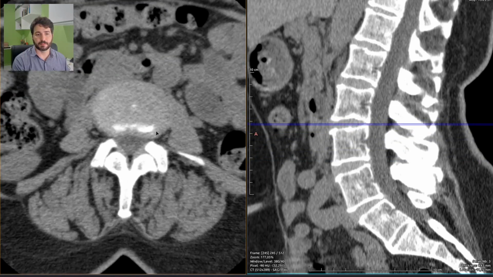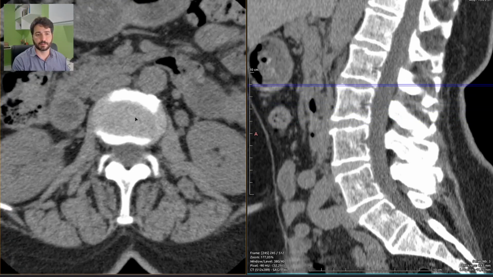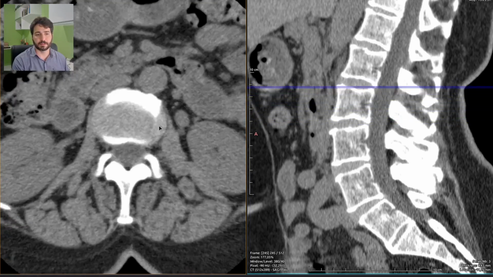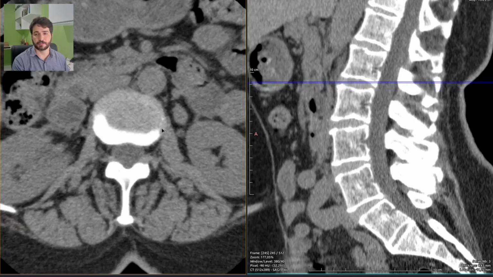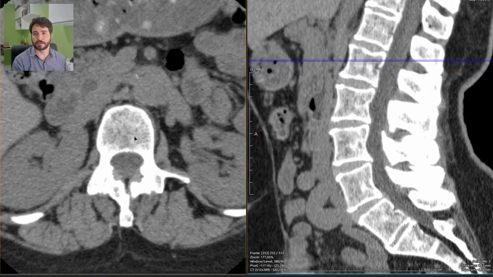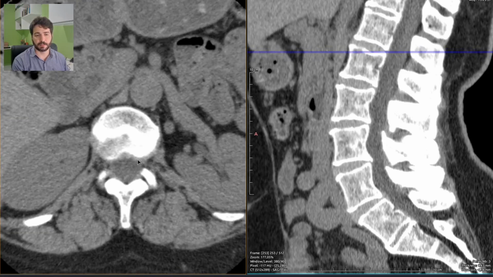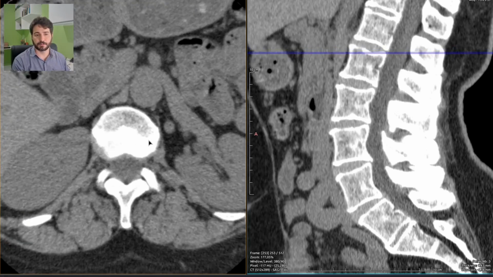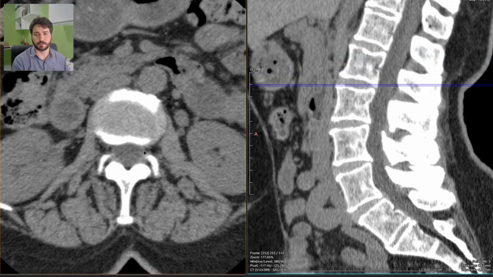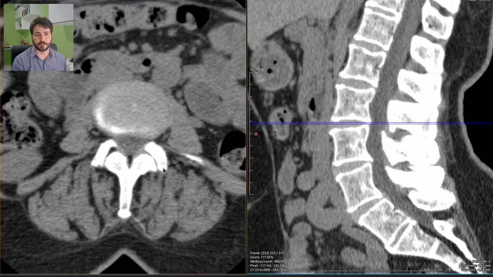There is also a herniation right here. There isn't much of a herniation here, so let's see which is which. At L1 to L2, tiny herniation, not very important. Yep, this one is a herniation.